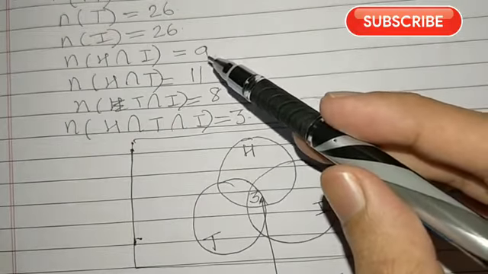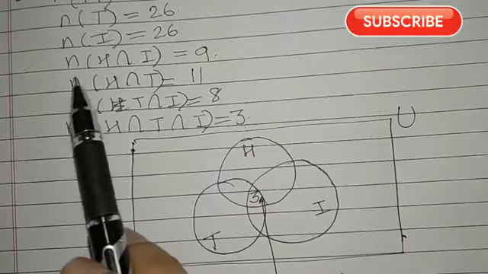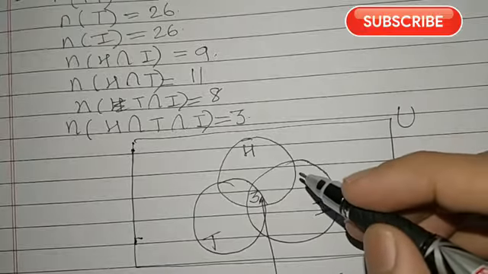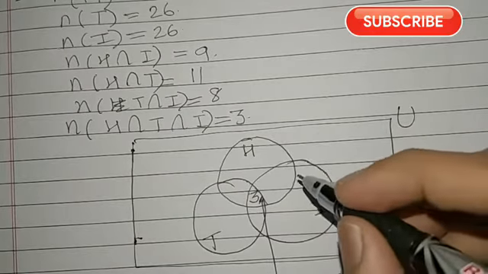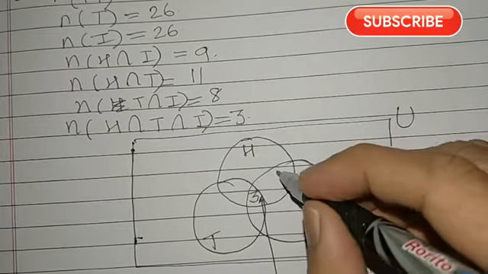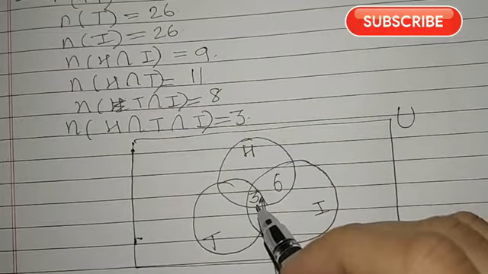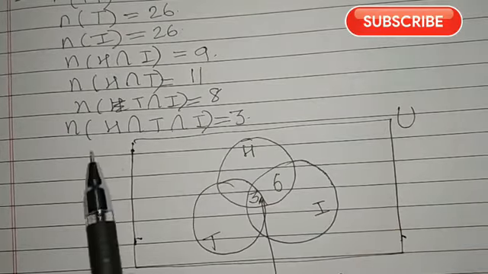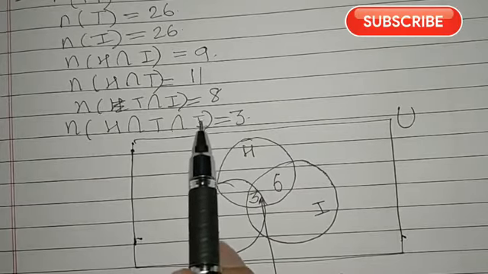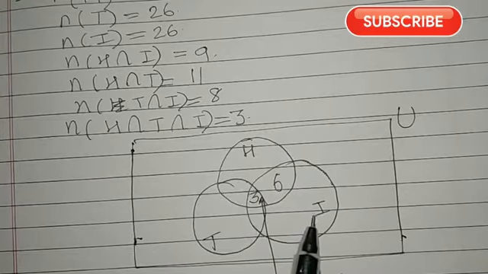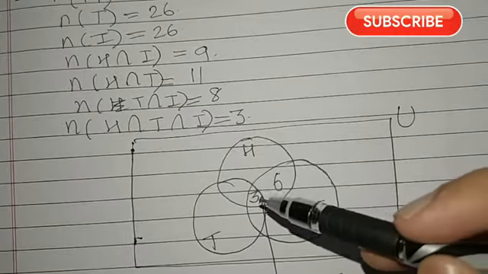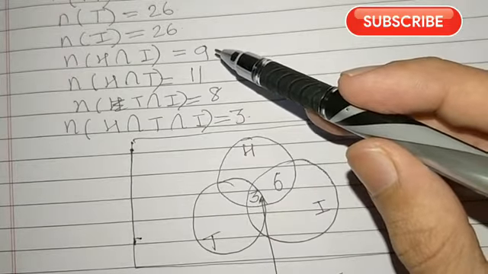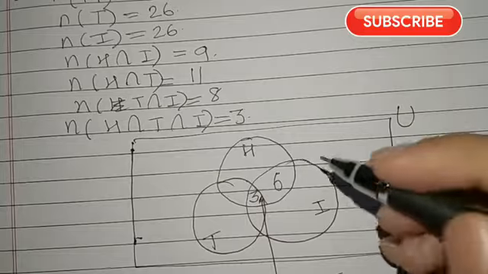So 9 minus 3 is 6. Because the people who like all 3 are already counted, and they also contain the people who like both H and I, you have to subtract this number from 9. That is 9 minus 3, which is 6.